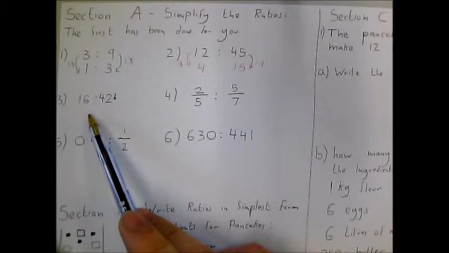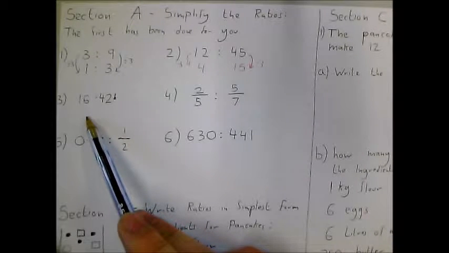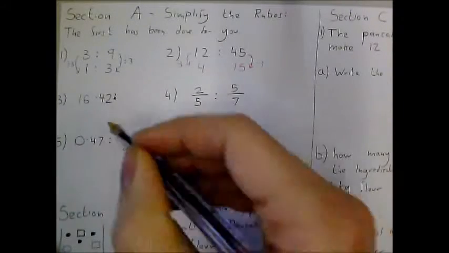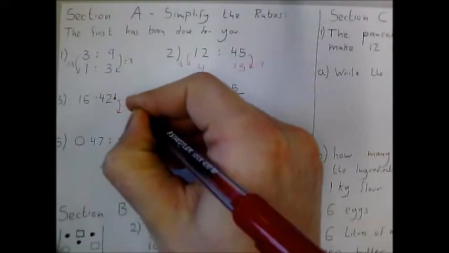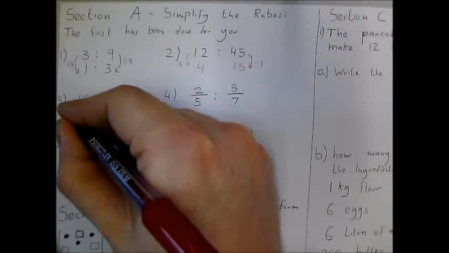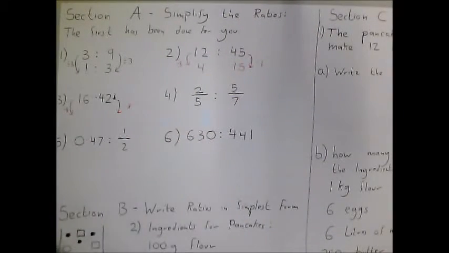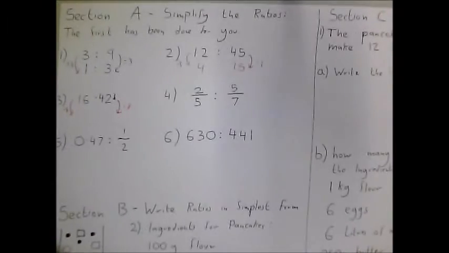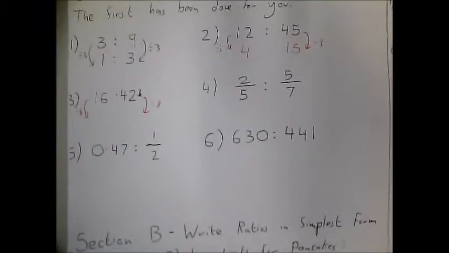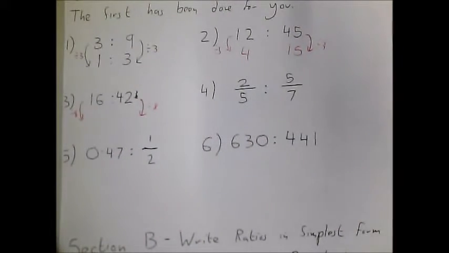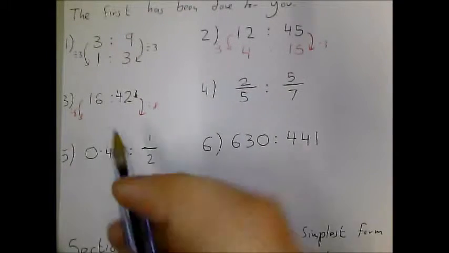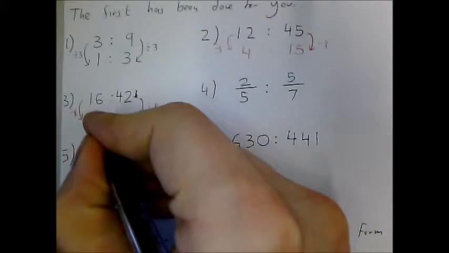Okay, question 3. I'm looking for common factors of 16 and 42. Now I know 8 goes into both of these, so I'll divide both sides by 8. If you chose to do 2 first, then that's absolutely fine. You'll just have to do another step afterwards. Okay, so 16 divided by 8.